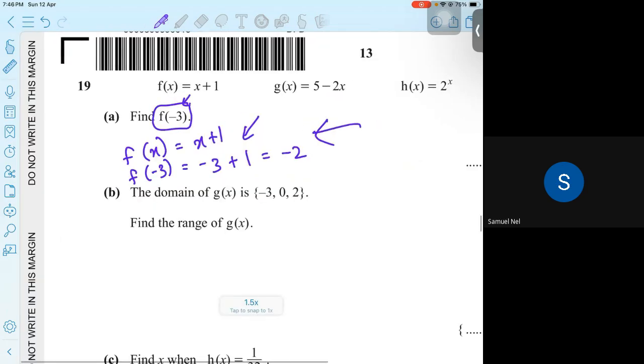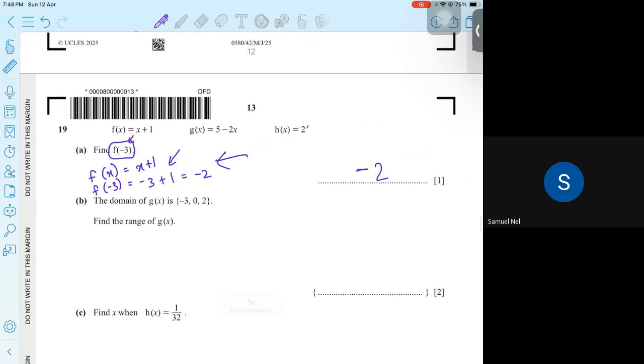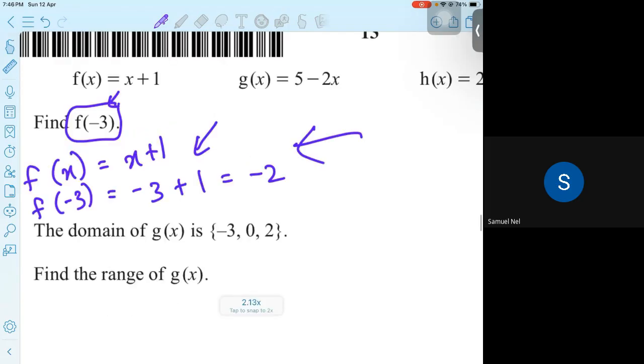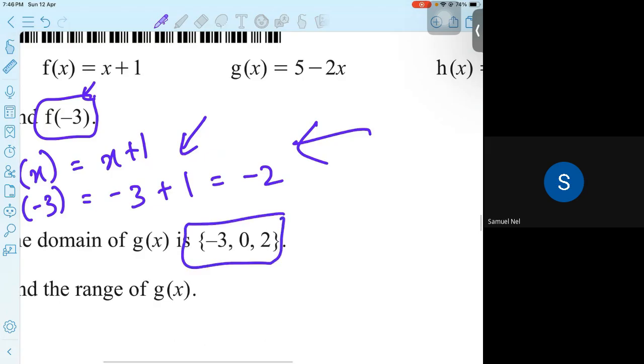Okay? The next question says the domain of g(x) is {-3, 0, 2}. A lot of students have a conception that domains can only be in terms of whole sets of values. Okay, it's not always that. A domain can also have just some specified accepted number of values. In this case, g(x) only has 3 accepted values of x.